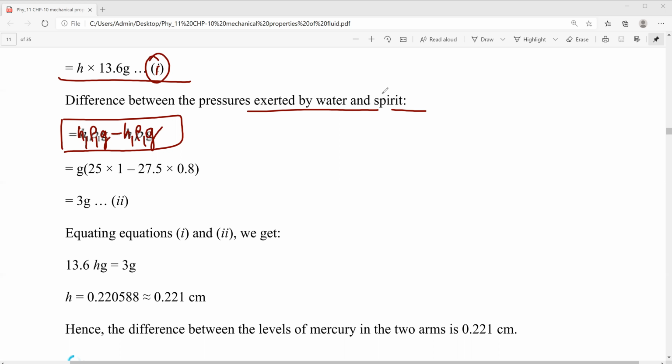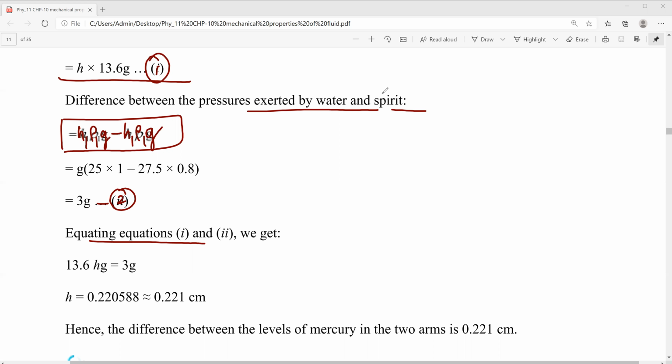G is the common term we take outside and remaining values we substituted. And after simplification, we got this as 3G. So let us consider this one as equation 2.